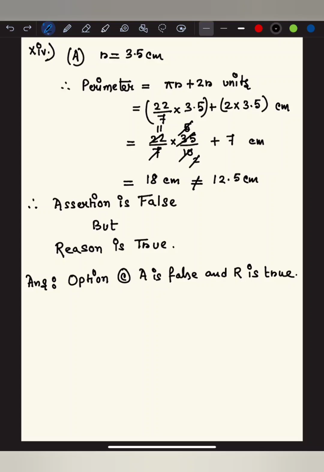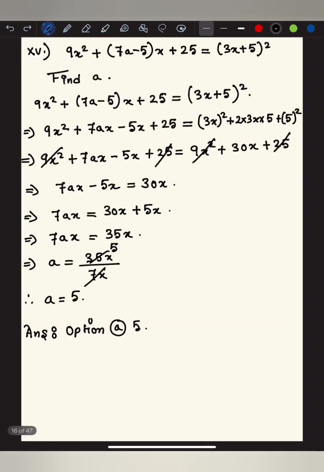Got it? Okay. So next, let's come to 1 support 15. Here 9x square plus 7a minus 5 into x plus 25 is equal to 3x plus 5 whole square, and we are asked to find the value of a. Now I have just simplified it.